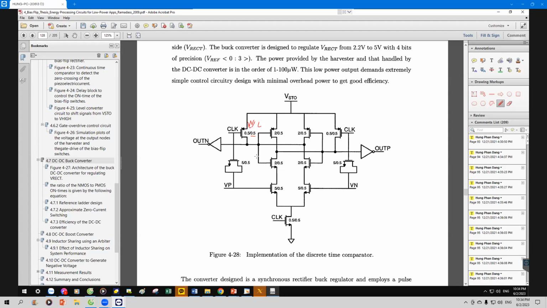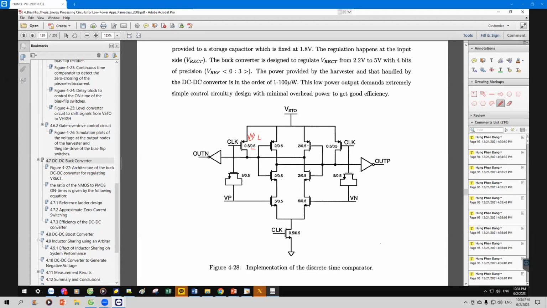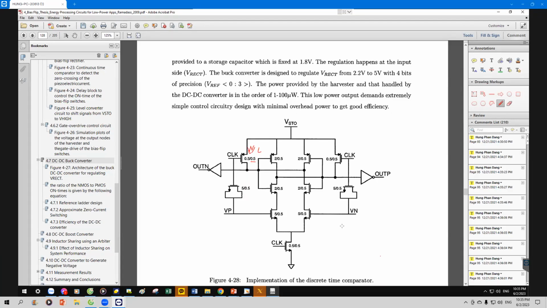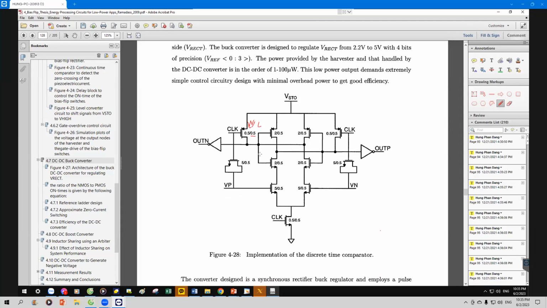Later, I will give you a comparator I made. I think now it's quite difficult for you to understand your whole circuit, but you just need to know your input and the output. This is digital output, right? Just low and high.